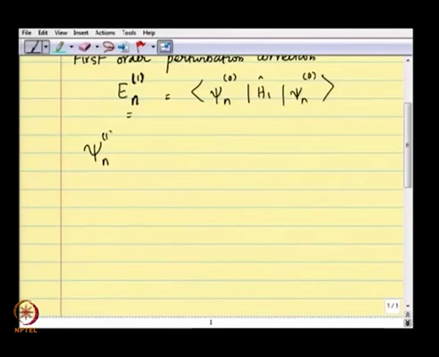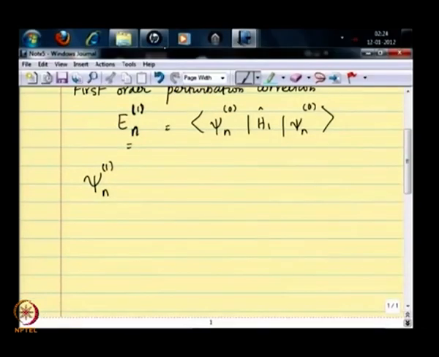Okay. And then we moved on to calculate the first order correction to the wave function, namely psi n1. Let me now bring the last screen that you had in the last lecture, so that we continue from that screen onwards.